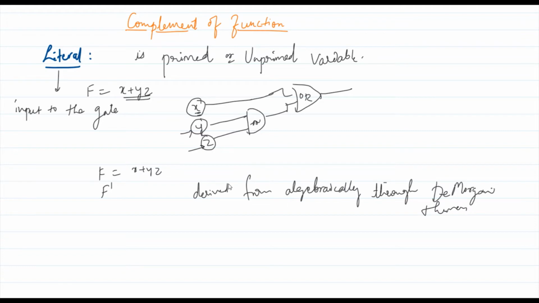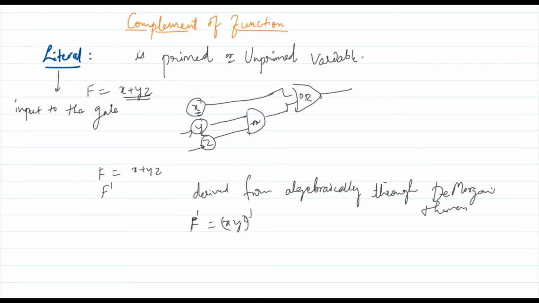What De Morgan's theorem says, for example, if the function is f equals x dot y, and I take the complement of the function, f dash, this will become x dot y whole prime, right?